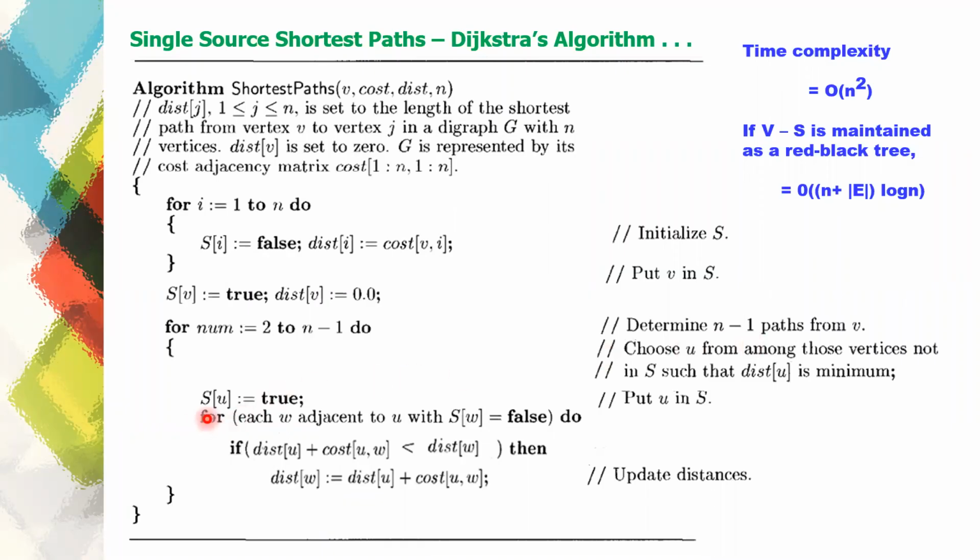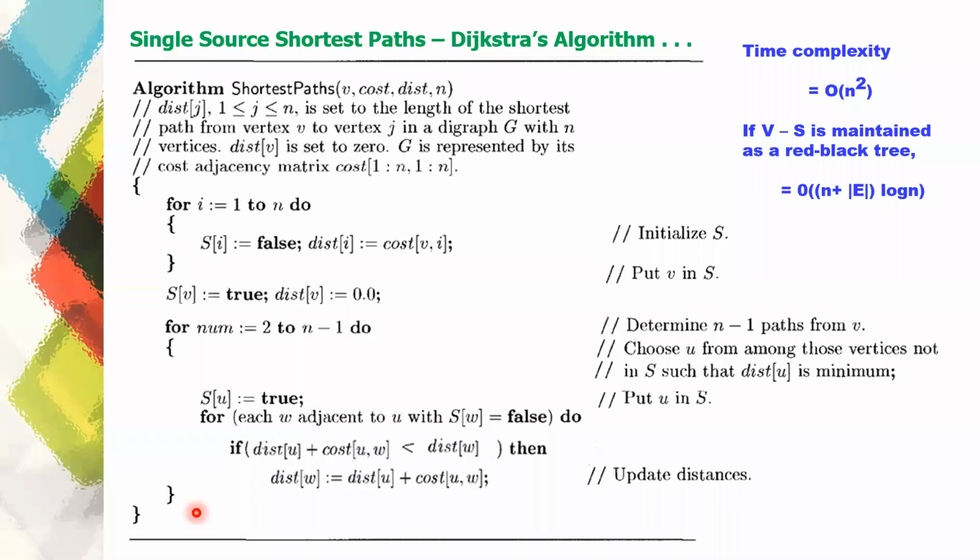Once you have selected a node U with the shortest path, it will become visited. Select a node which has the shortest path and make it visited. Now check what are all the nodes that are adjacent to U, and if necessary, apply the relaxation procedure. Repeat this process n minus 1 times.